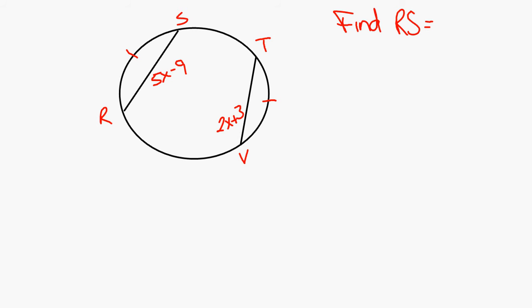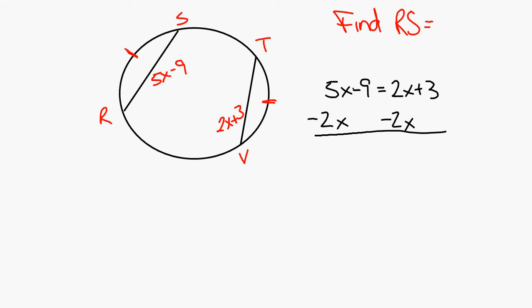Alright, so again, if the corresponding arcs are congruent, then the chords are congruent. So your 5x minus 9 is equal to the 2x plus 3. You can subtract 2x from each side. 5x minus 2x is 3x, so 3x minus 9 is equal to 3. You can add 9 to each side, so 3x would equal 12.